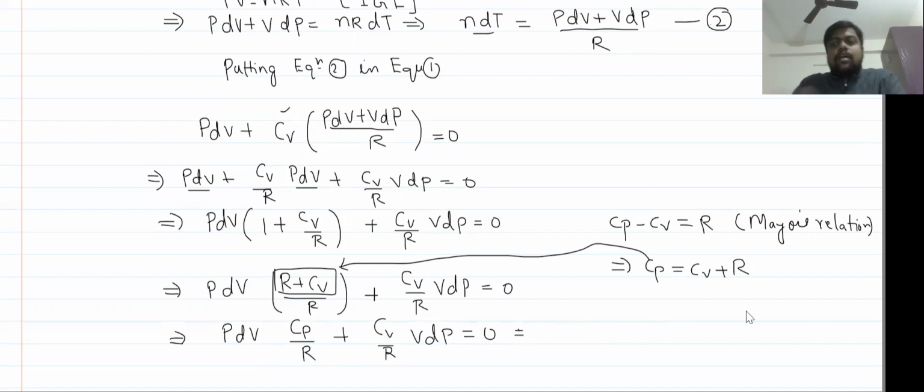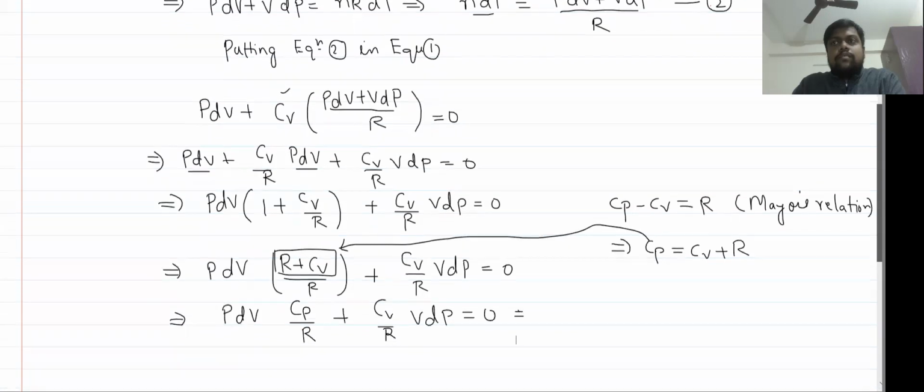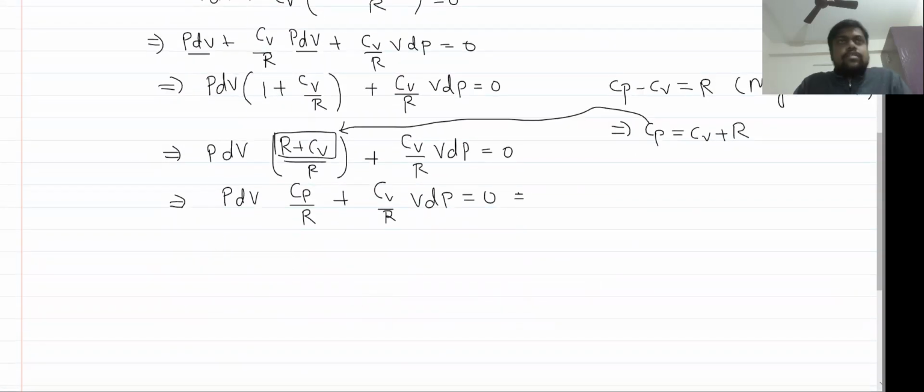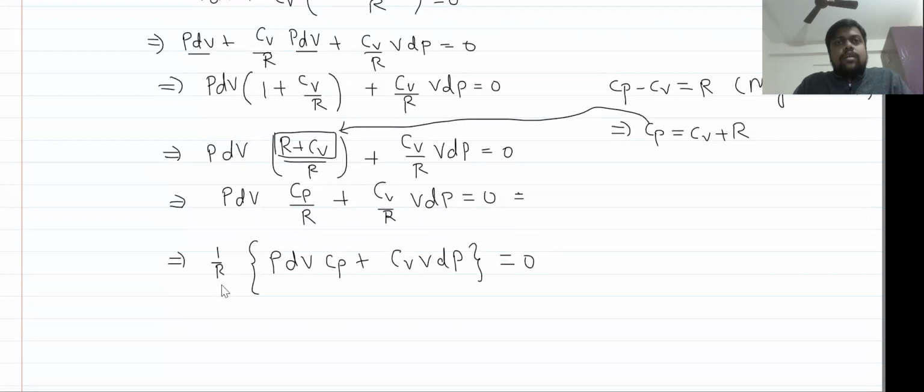If we take R common, we will get an equation like this: 1 upon R into (PdV Cp plus Cv VdP) equal to 0. Now 1 upon R cannot be 0 because we know its value is positive, so the other quantity has to be 0. So we can write Cp PdV plus Cv VdP equal to 0.